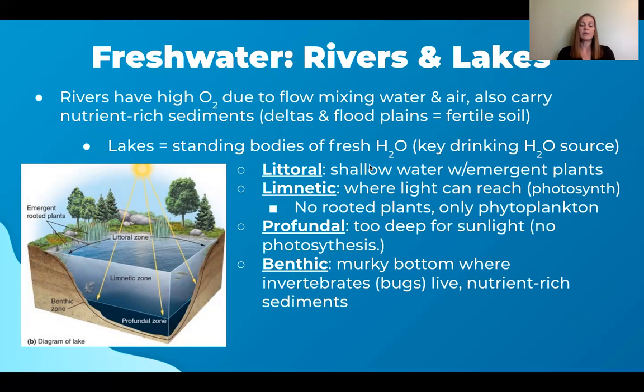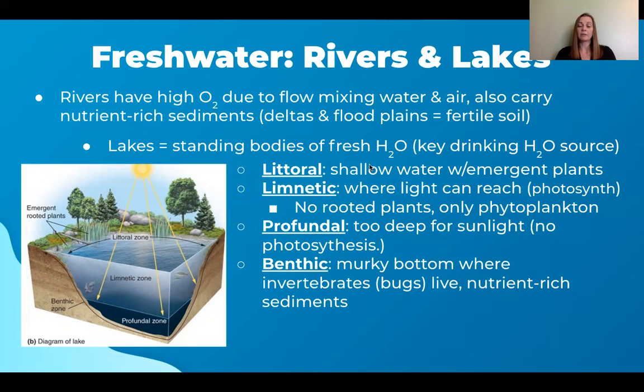This is where you'll see plants that have their roots in the soil underneath the surface of the water, but the plants themselves emerge from the shoreline or are above the water. So our limnetic zone is not rooted plants, it's phytoplankton, but it's still where light can reach. So we still have photosynthesizers. These would be algae, any little grasses that might be growing but not rooted. Those tend to be in the littoral zone.